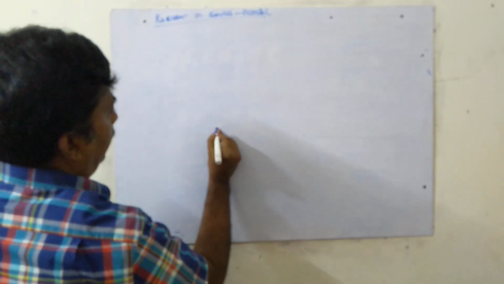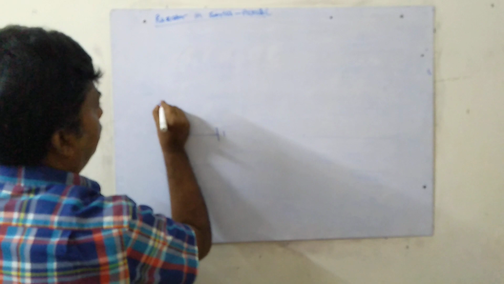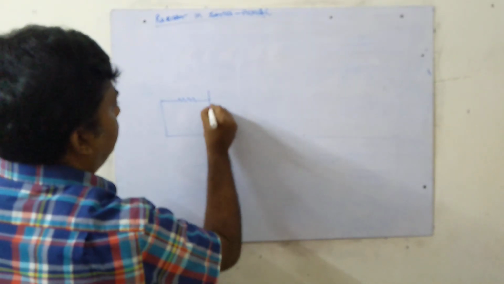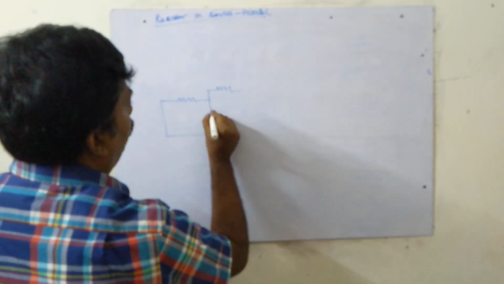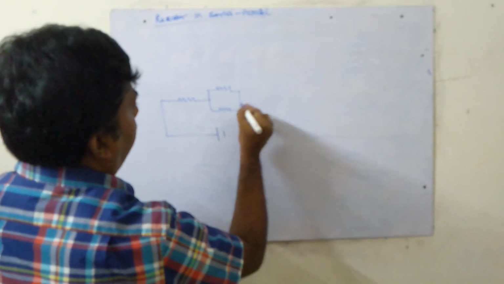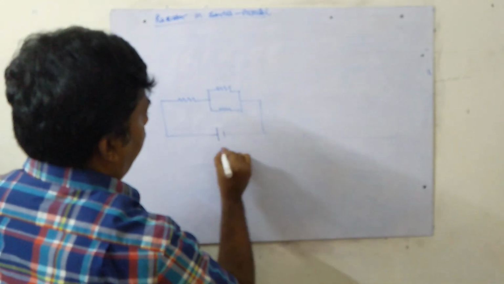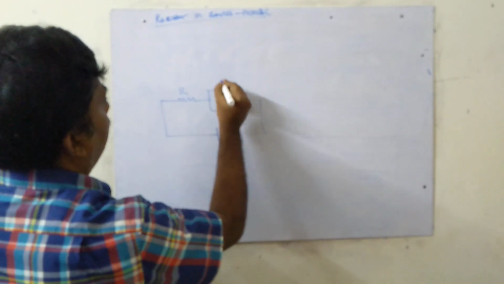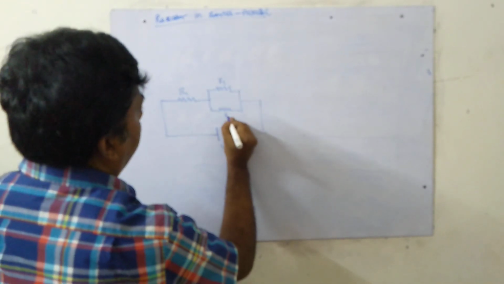Here I have a voltage source and a resistor. This resistor is further divided into two parallel ones. This is the voltage source, this is R1, this is R2, this is R3.